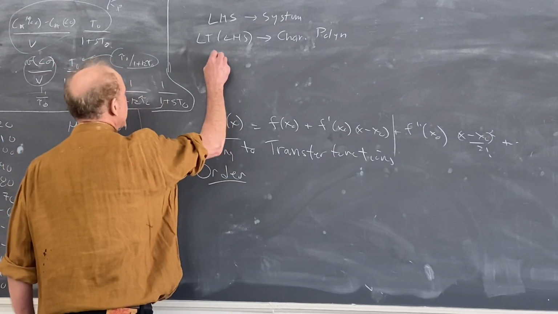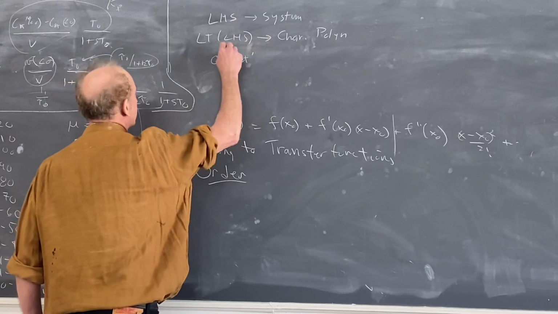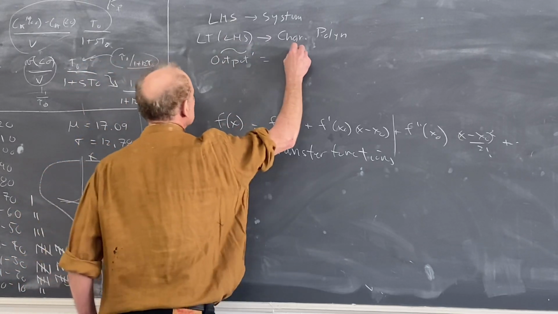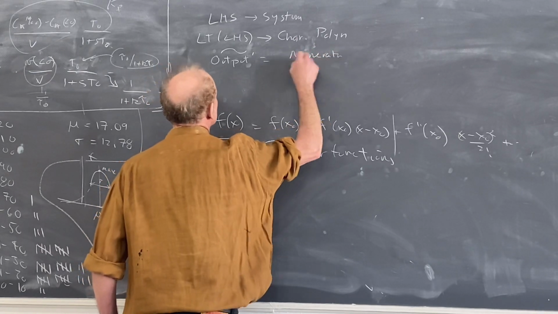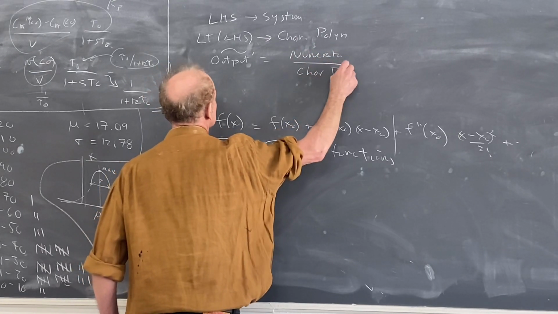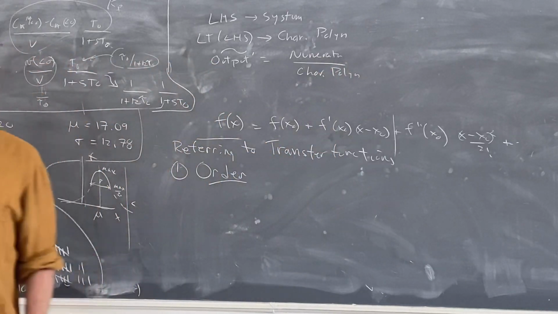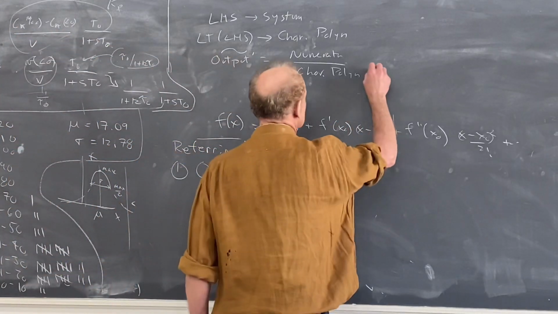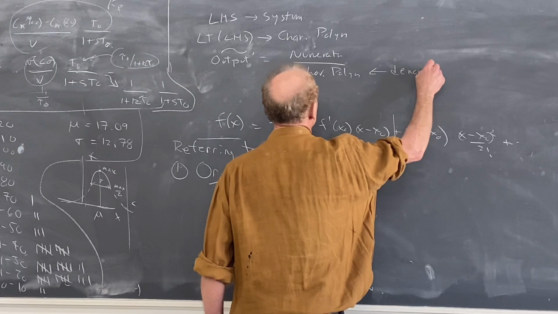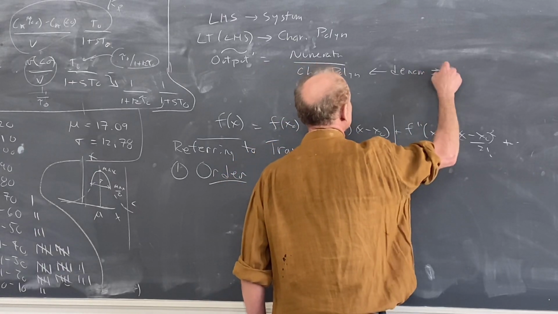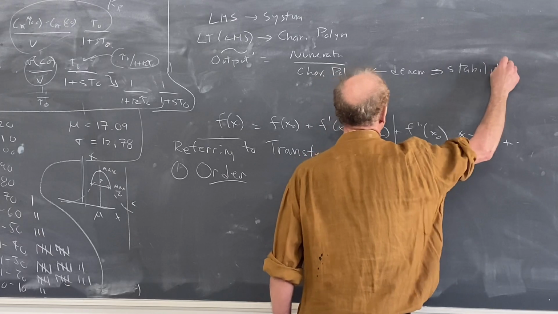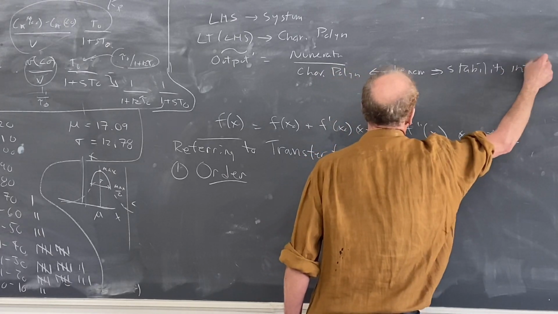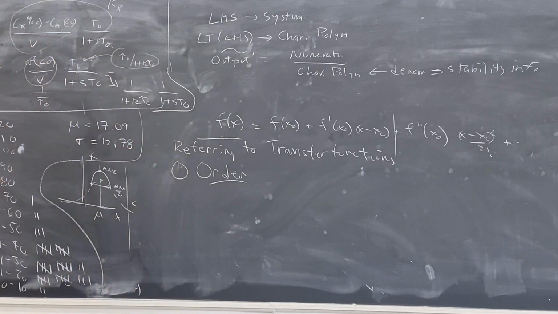When I solve for the output prime tilde, I get some sort of numerator divided by the characteristic polynomial. And as we saw, it's that denominator that gives me stability information. Because that's the thing I factor, and I do my partial fractions based on that.